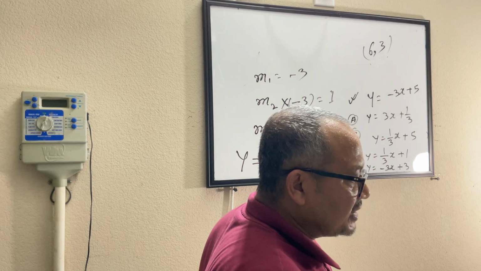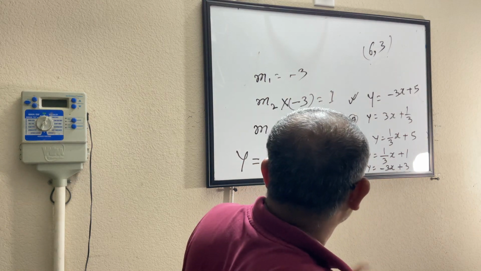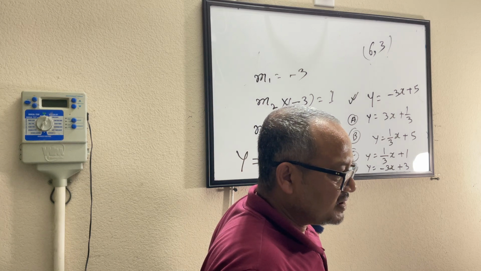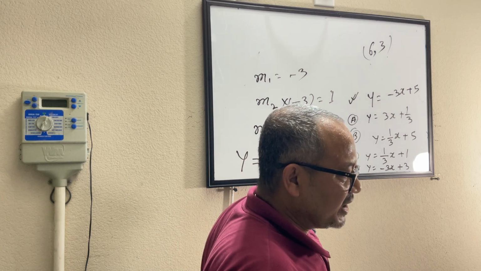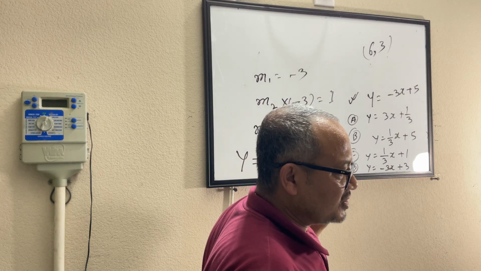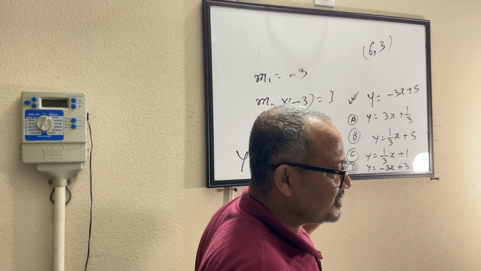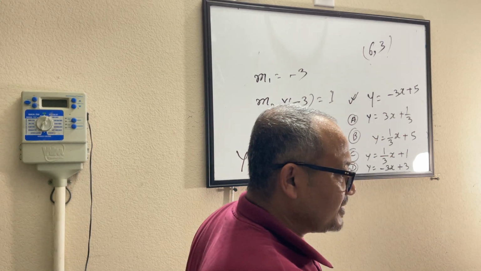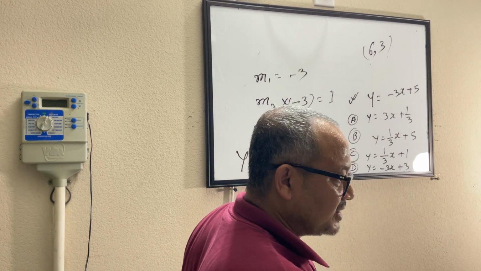So Praneet, it is not 1, it is -1, right? Slope of two lines, m1 into m2 is -1 or 1? Do you remember that? It's -1, right?